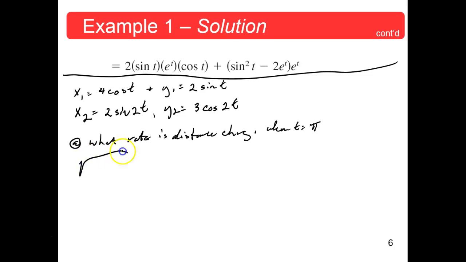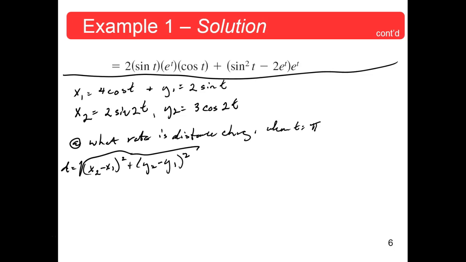The distance formula is the square root of x2 minus x1 squared plus y2 minus y1 squared. It doesn't really matter which one you put first or second, because if you reverse them, you're squaring them anyway.